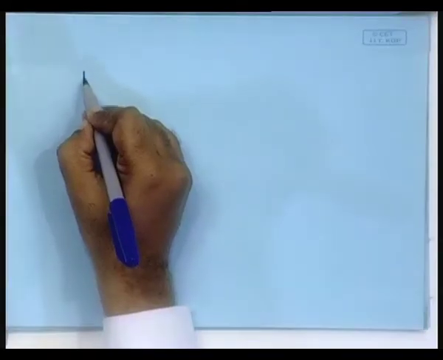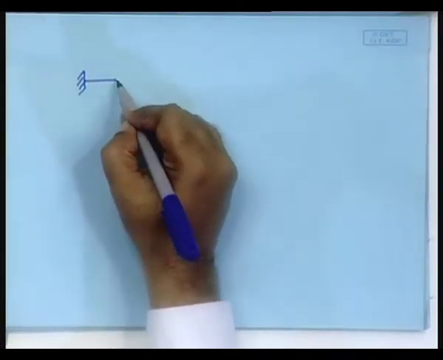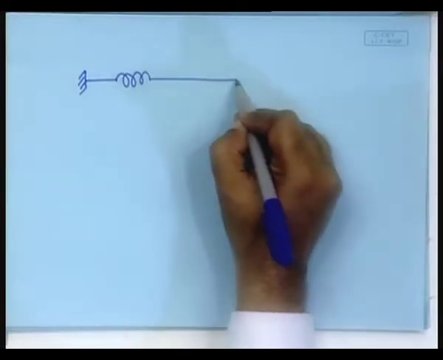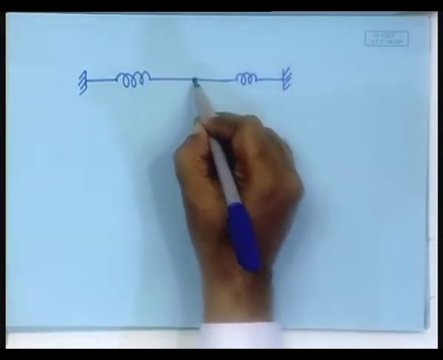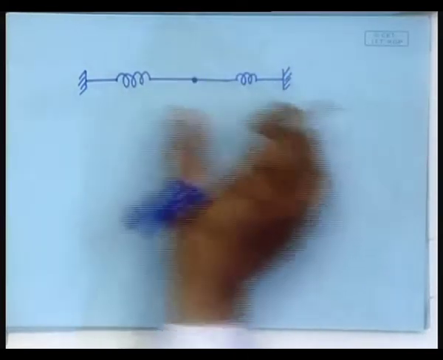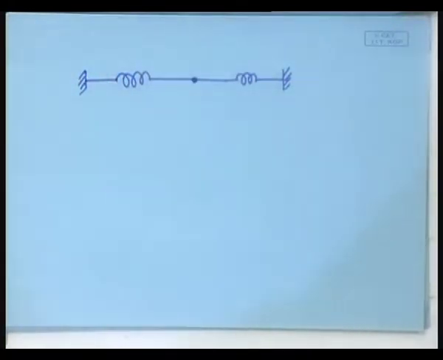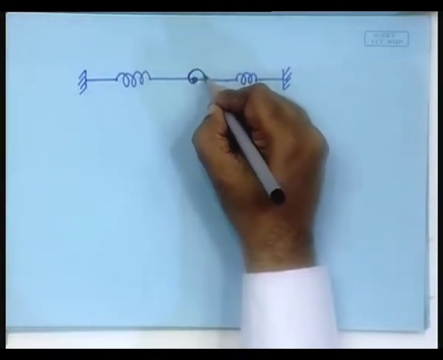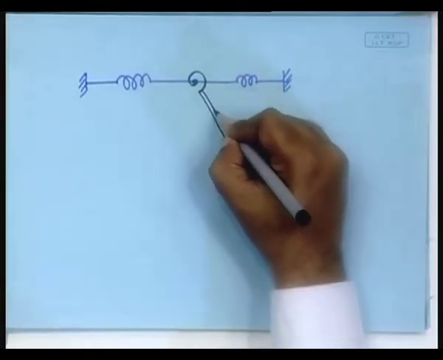How about this? Some of the clocks have it like this: a spring, another spring. So, there are 2 springs and it is able to move like this, and there is a torsional spring that connects a rod.